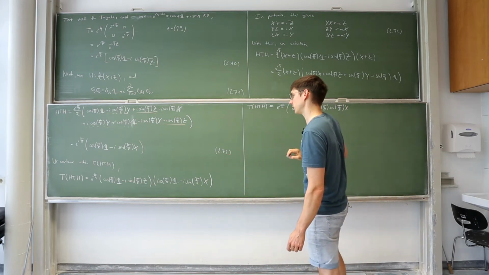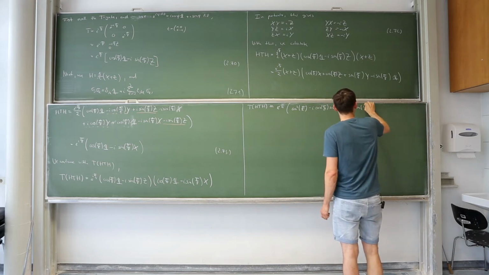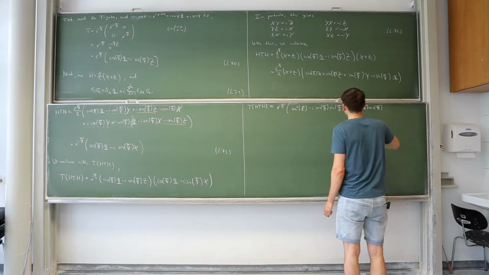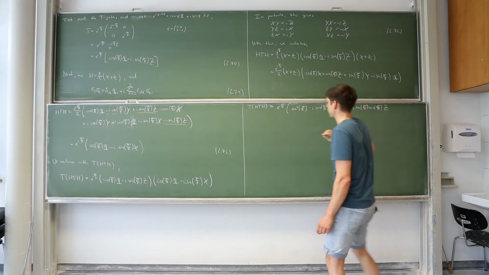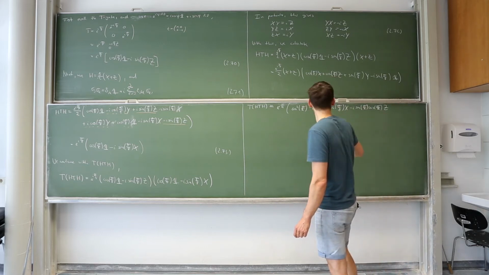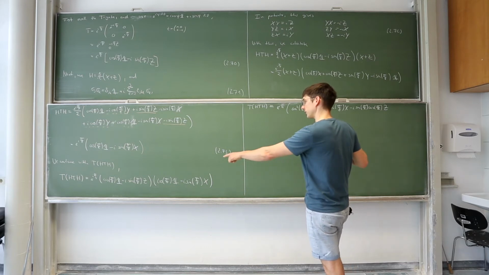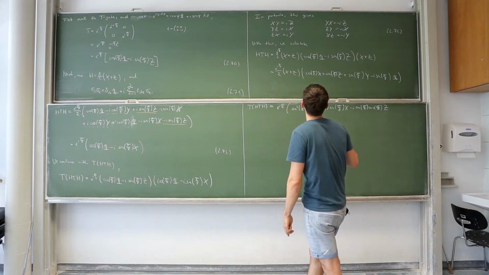And the next one is minus I sinus pi over 8 cosinus pi over 8 times z. And then one more term. And then we have minus gives plus, minus sinus squared, and then we have zx.